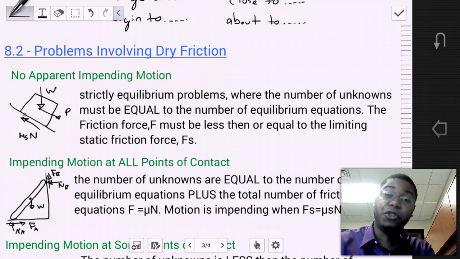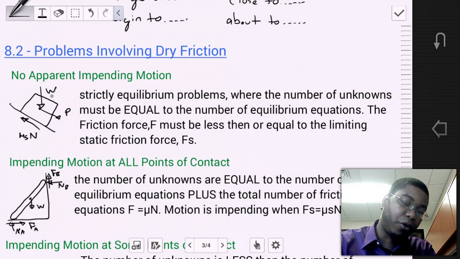So let's assume the case of a box that is on a surface at an angle. And we can draw our free body diagram where we have our weight applied at the centroid. We have some applied force P, which is along the direction of the wedge. We have a frictional force and a normal force, which is applied.